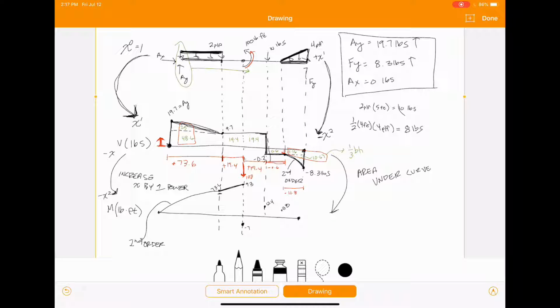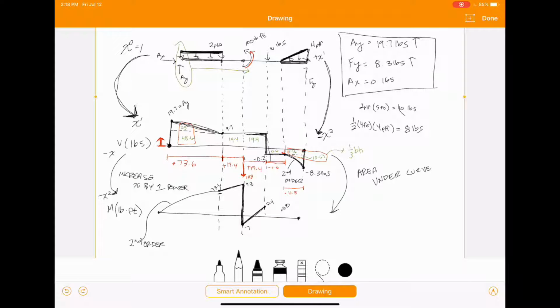Again, don't forget we got bumped down by our concentrated moment all the way down to -7. So that's just a vertical line. And then to get from -7 to our 12.4, again, we just have that positive linear line. If I would have drawn this to scale, these here should be parallel. But again, not good at drawing to scale.